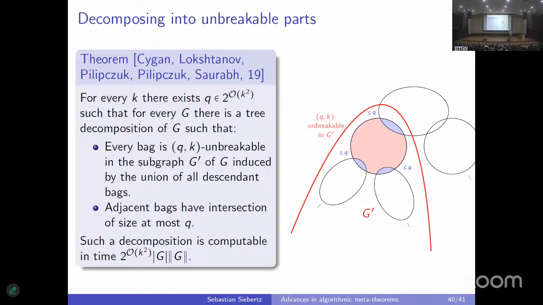Now, of course, not every graph is regular, but there is a super nice decomposition theorem from 2019 which proved that every graph can be decomposed. So we have a tree decomposition with small separators, small adhesions, so that each of the parts, unlike the previous very small parts, can be very large, but each of the parts is highly connected and regular.